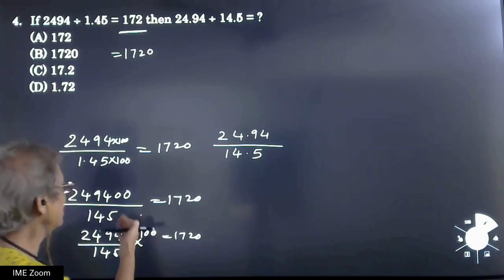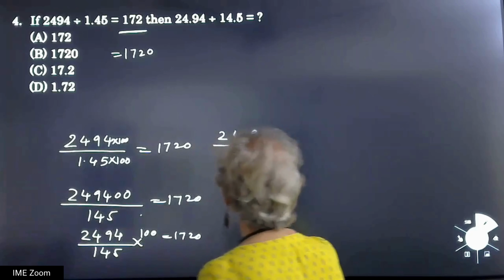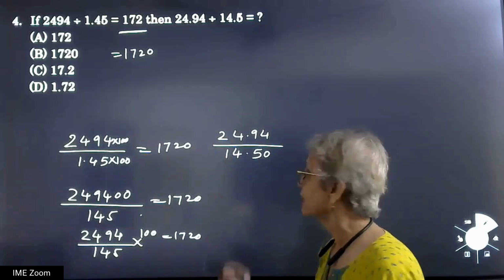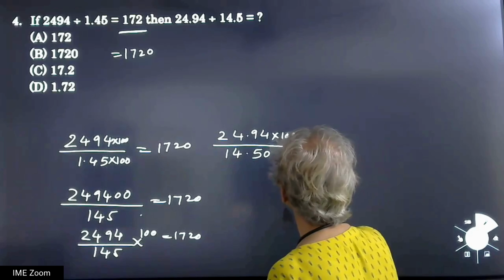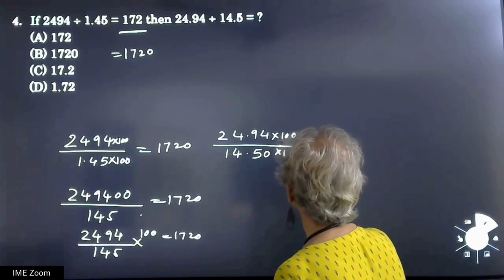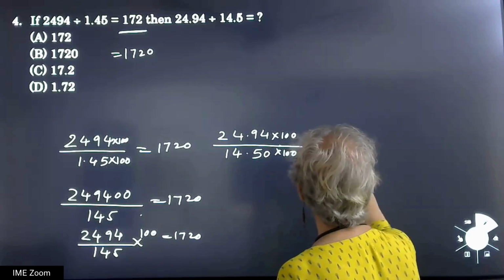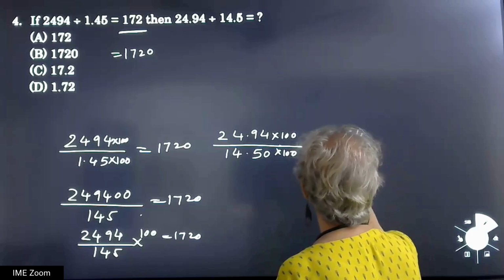Let us see how we can make use of this over here. First of all, let us add one more zero over here. So now they are like fractions. Multiply both by 100 because two digits are there, and therefore I will get 2494 upon 1450.